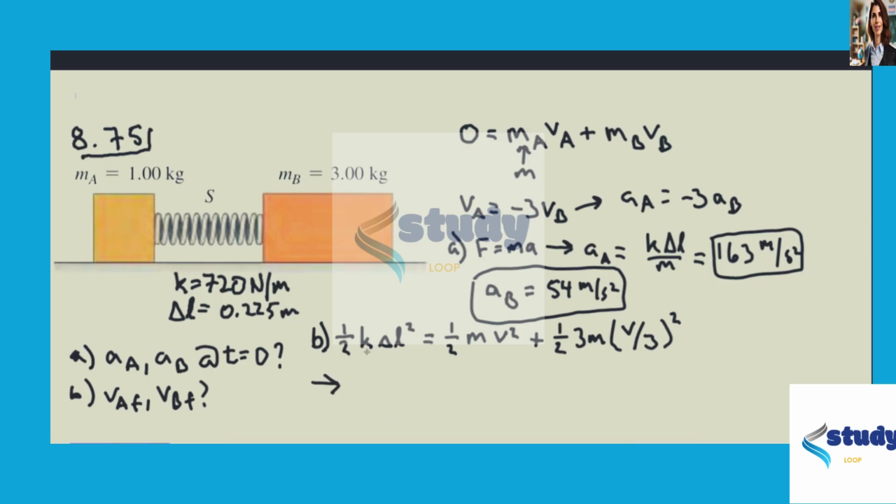And if you do the combining in the algebra, we find that V, which is the velocity for A, is equal to the square root of 3k delta L squared divided by 4m.